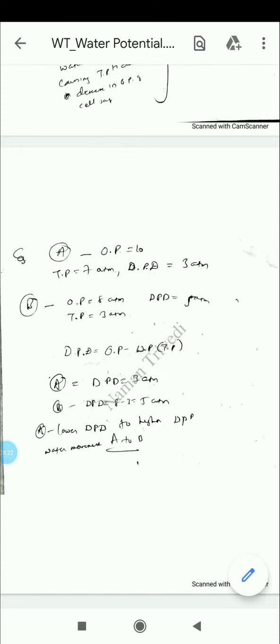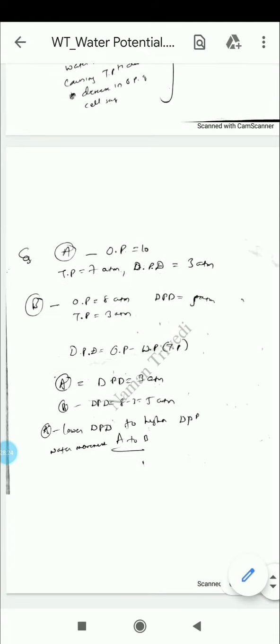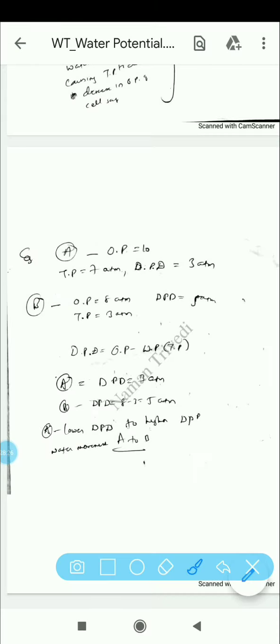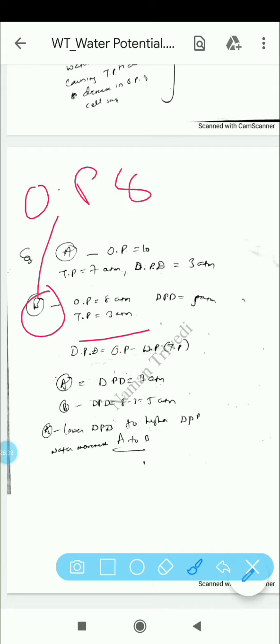Now try to understand the question again. We have solution B. For solution B, OP is 8 and TP is 3. Now DPD will be what?